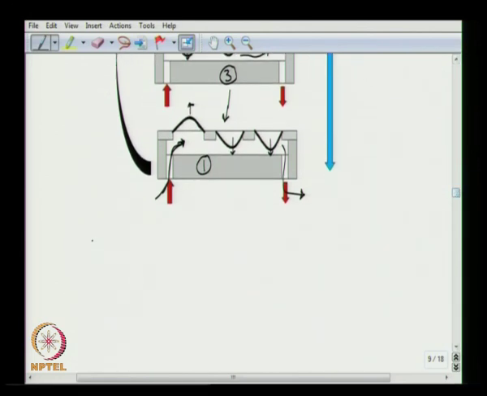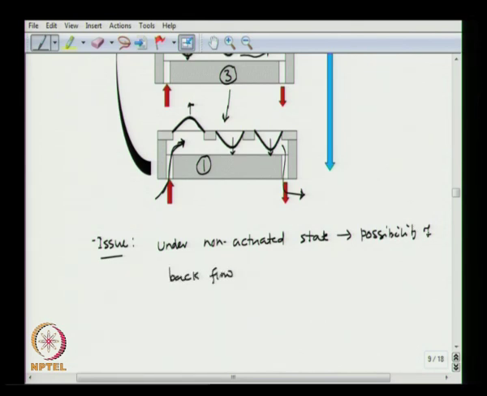So, one issue with this micropump is that under the non-actuated state there is a possibility of backflow.